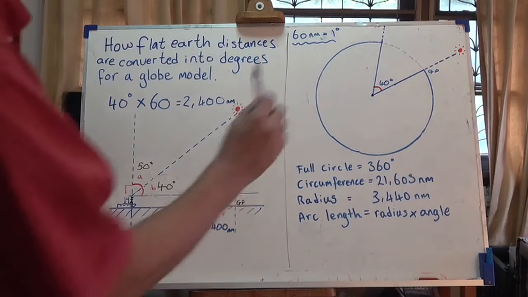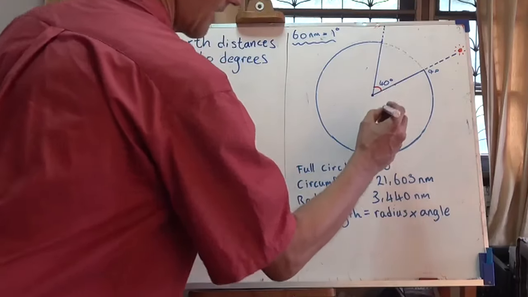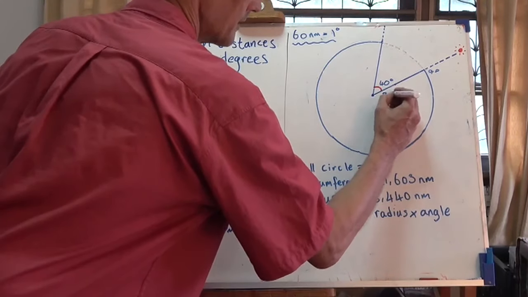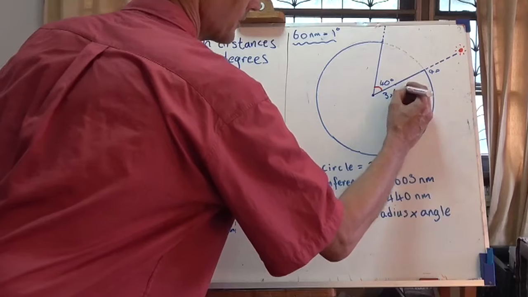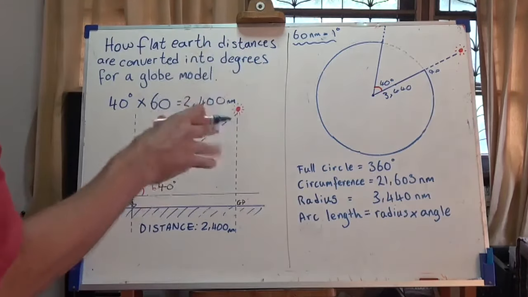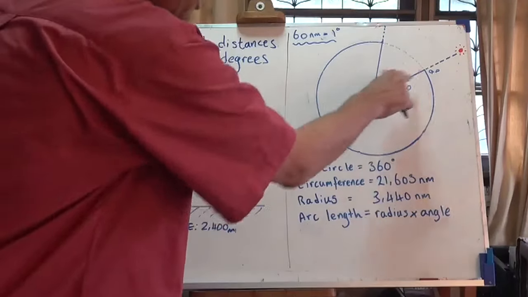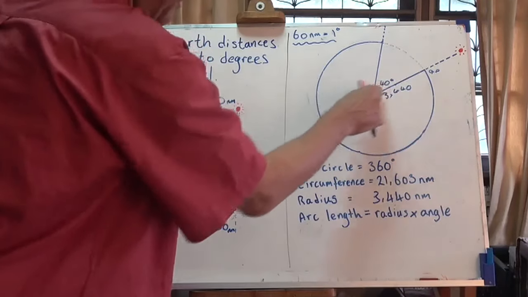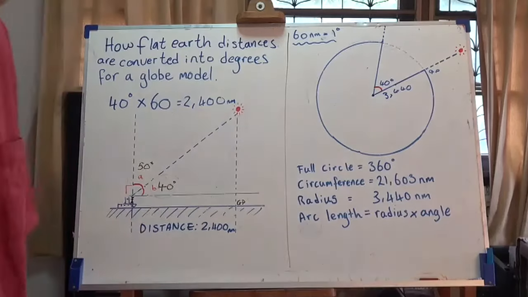Okay, so we're going to plug in that radius here, 3,440, because that's the only number that you can get. Nobody ever measured this alleged line or radius down to the center of the Earth.